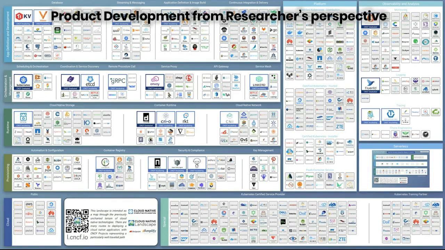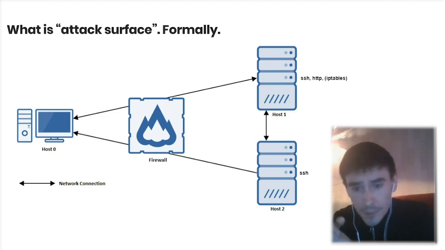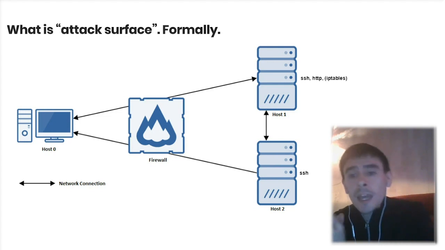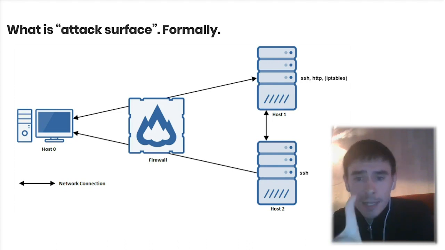And before we jump into what the attack surface is and how to assess it using reconnaissance, let's define the formal view of the attack surface. This is a high-level, academic slide that demonstrates a typical network. From the researcher's point of view, let's describe the attack surface based on this scheme.